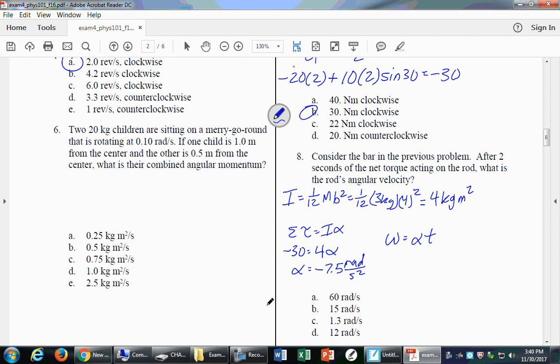And this is where Blair's comment becomes important, that we're assuming that the initial angular velocity is 0, which I understand is not exactly clear. So omega is equal to alpha t. Alpha is minus 7.5. T is 2 seconds. 7.5 times 2 is 15. And the negative doesn't come up because it doesn't say anything about direction, so we're asking for the magnitude.